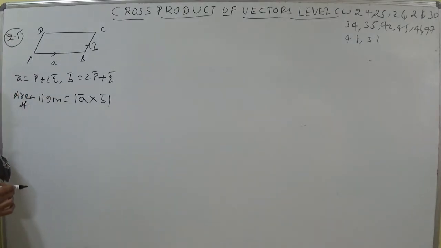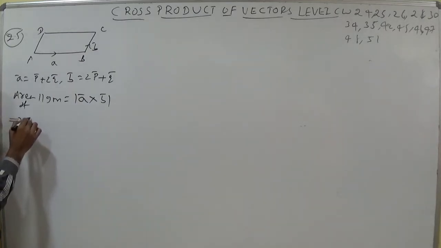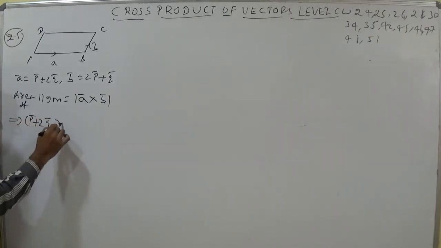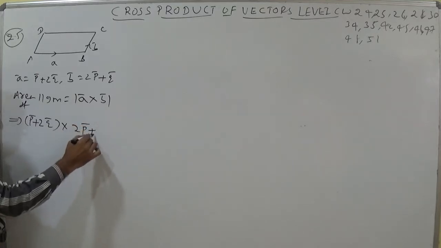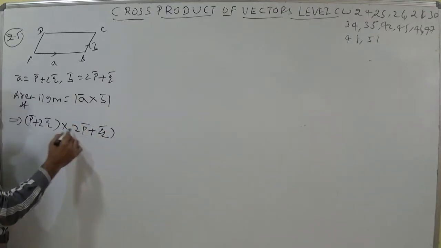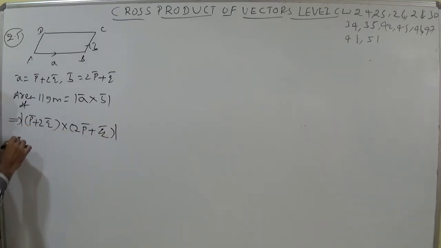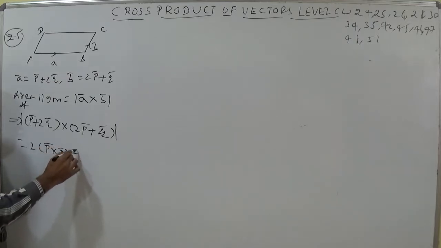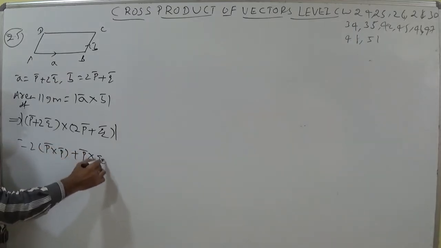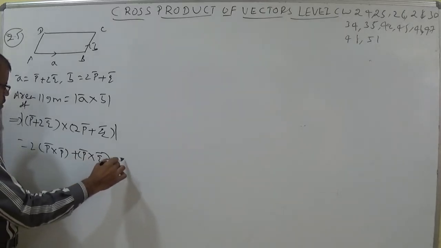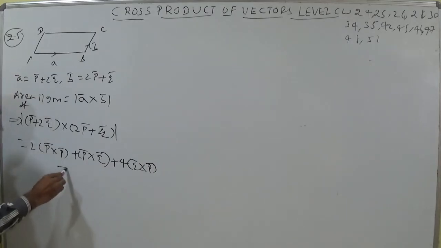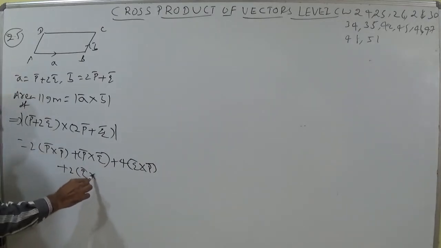Depending upon p and q, you should calculate a cross b. That implies a cross b is p bar plus 2q bar cross 2p bar plus q bar, with modulus. Now you can write 2 into p cross p, next p cross q, then 4 into q cross p, later 2 into q cross q.